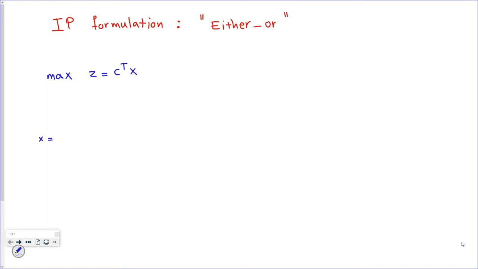The vector of variables has two components, x1 and x2, subject to vector x belongs to a set which I denote by capital X. Okay? A general optimization problem.